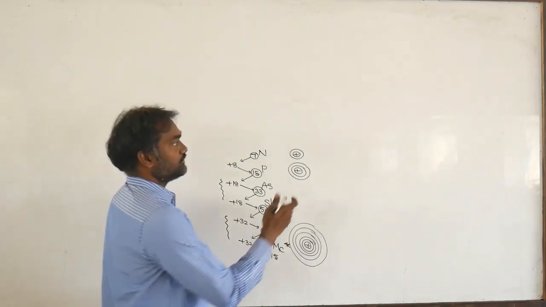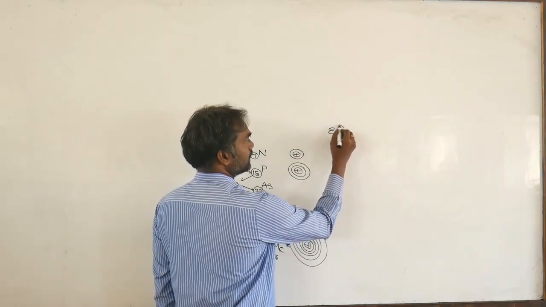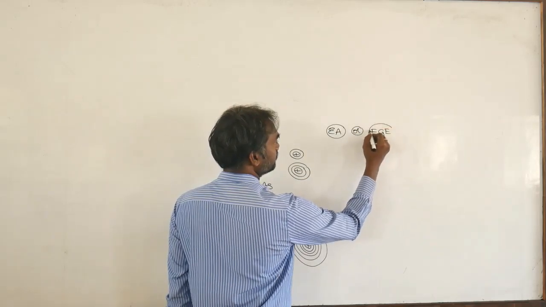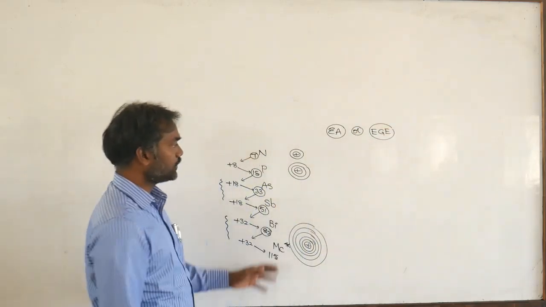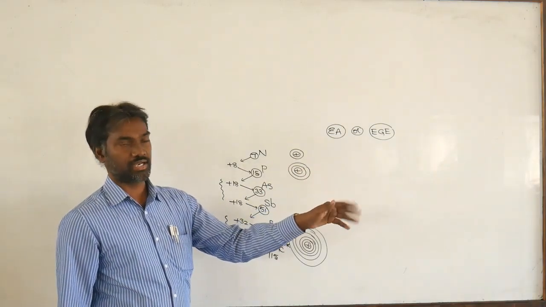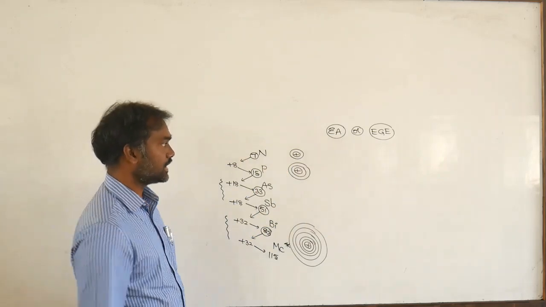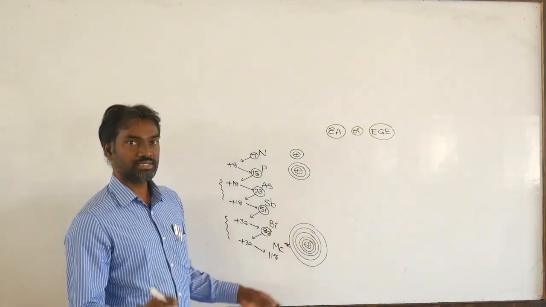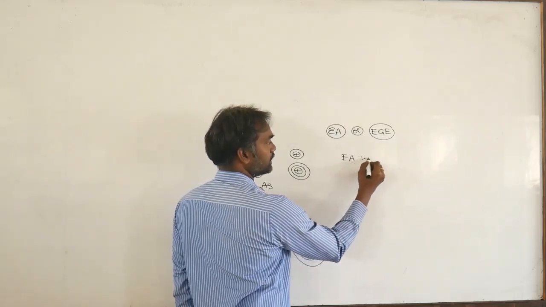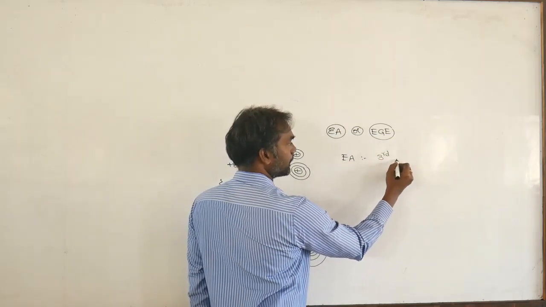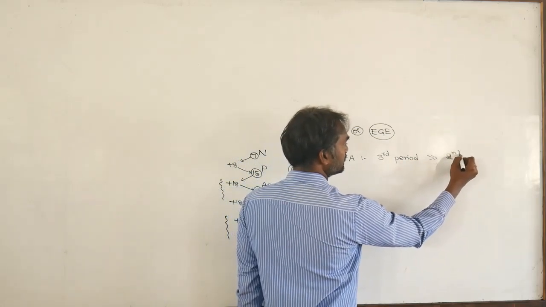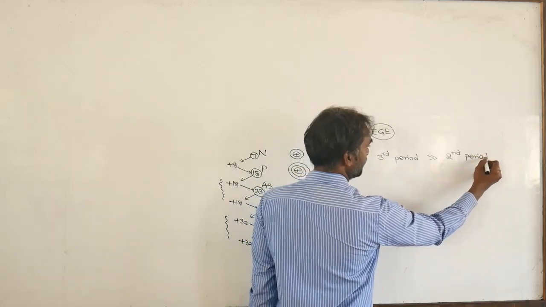Next, electron affinity, or electron gain enthalpy. If you are adding an electron to this, how much energy comes out, that is called electron gain enthalpy. In every group you must remember the third period. The third period element has higher electron affinity than the second period element.